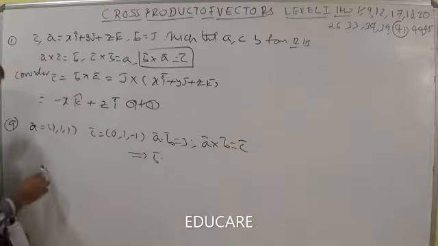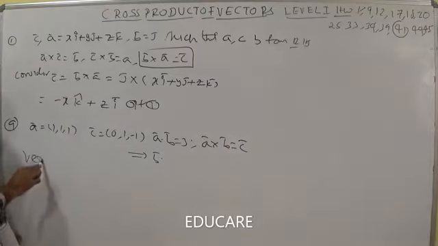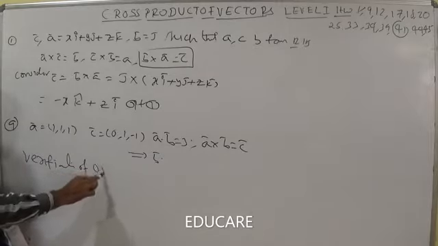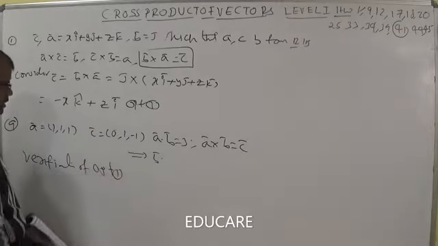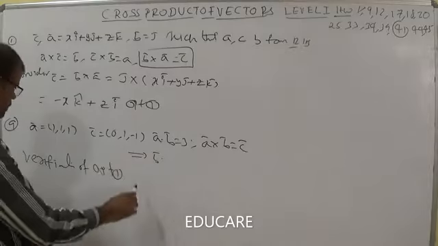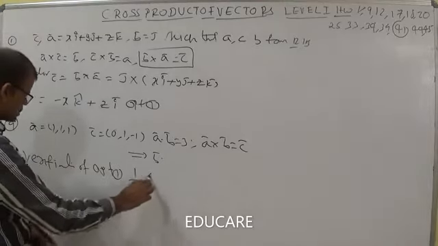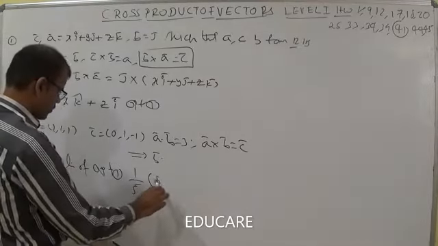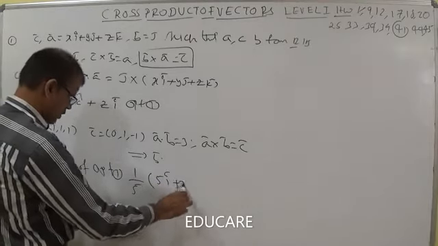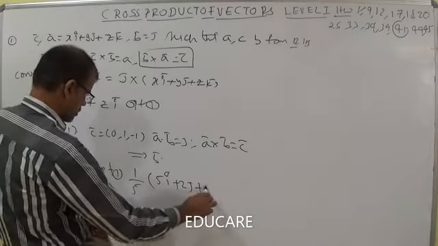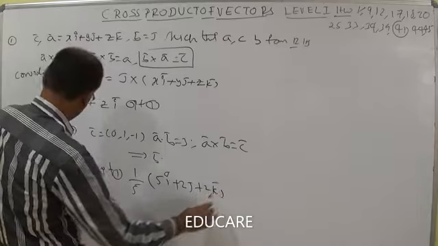So verification of the options is the better approach. Verifying option 1, we can put A bar dot B bar equal to 3. Other than option 1, nothing is possible here. 1 by 3 into 5i plus 2j plus 2k.